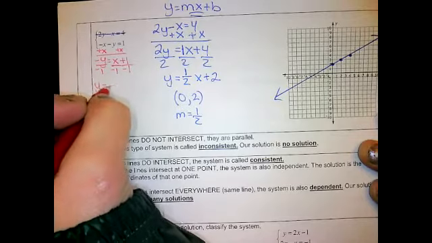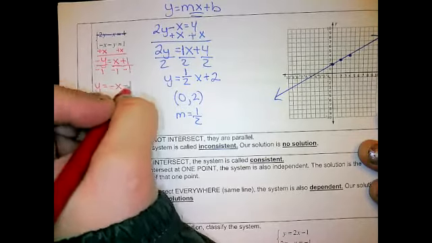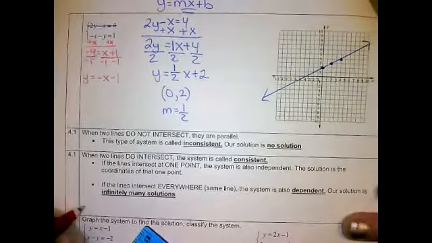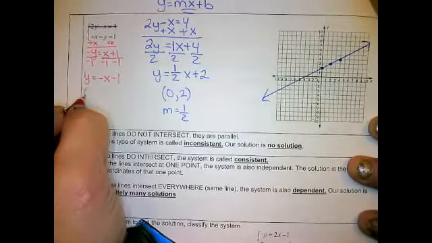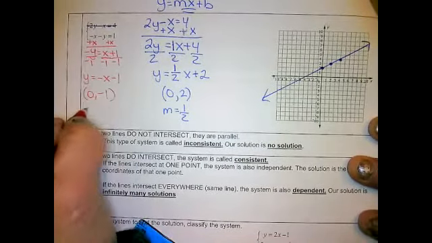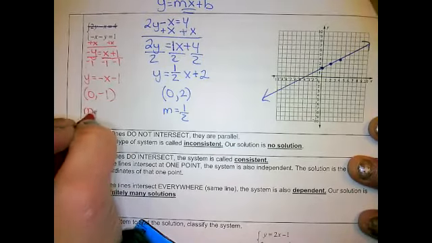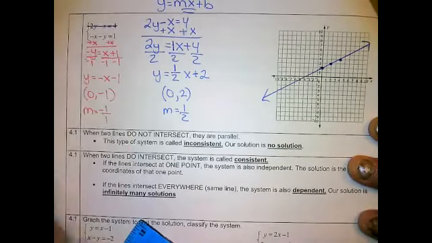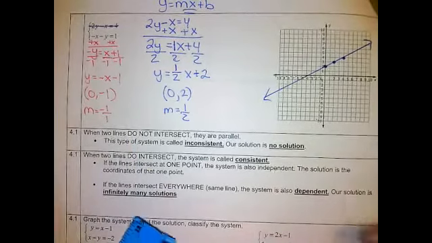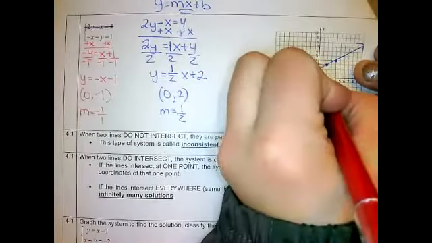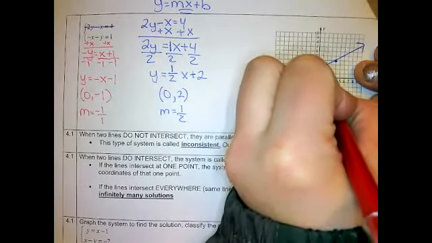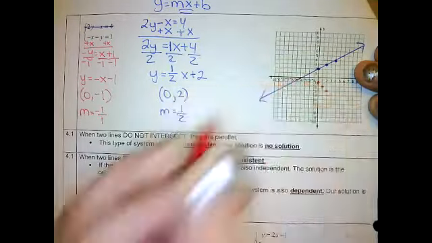So y equals negative x minus 1. So my y-intercept here is 0, negative 1, and my slope is negative 1 over 1. So that's 0, negative 1, and we're going to go down 1 over 1.